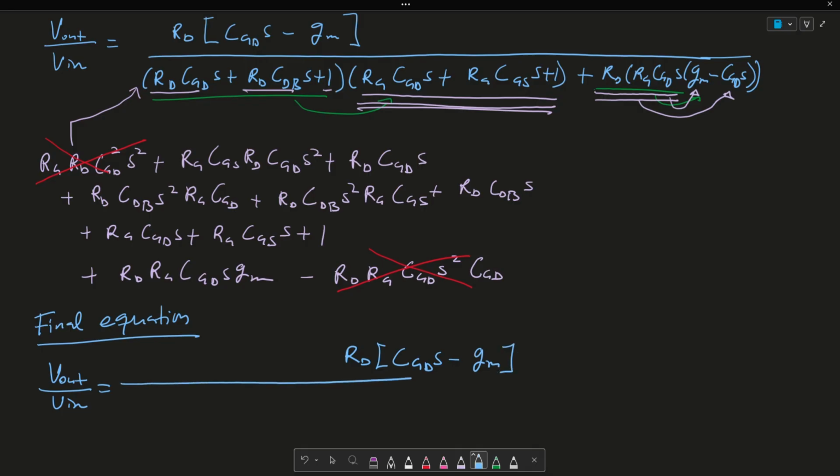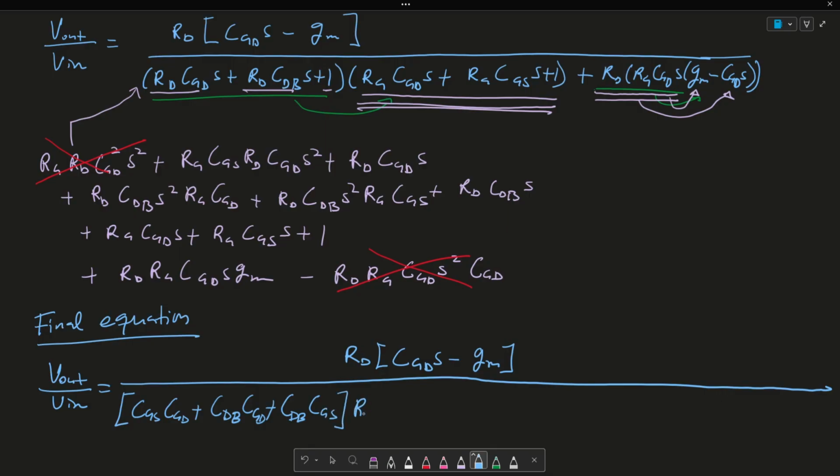And then the denominator, we have this CGS, CGD plus CDB, CGD plus CDB, CGS times RG, RDS squared.